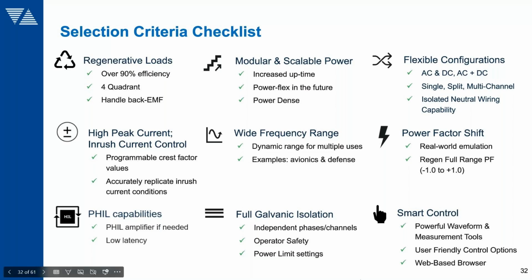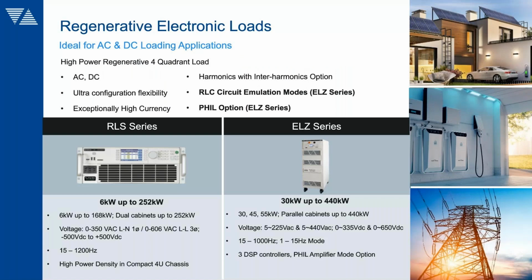In summary, this is an overview of the electronic loads that are regenerative that we offer. We have 2 model series, the RLS series on the left and the ELZ series on the right. Both are regenerative. They are different power levels. The unit on the left, the RLS series, is a rack mount unit. It takes up 4U or 7 inches of rack height, and comes in as little as 6 kilowatt all the way up to 21 kilowatt in that 4U format.